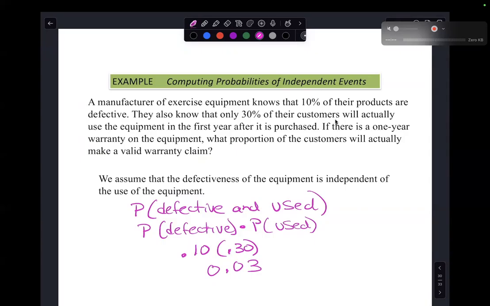I bet there could be even something else on there, say maybe only 50% of those who get a defective one will actually try to use the warranty. Because I know personally, a lot of times I'm like, this is just too much work to even try to get my money back or return it, so I'm just going to take the loss.